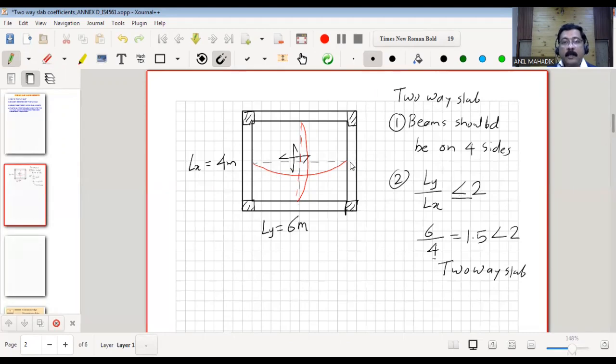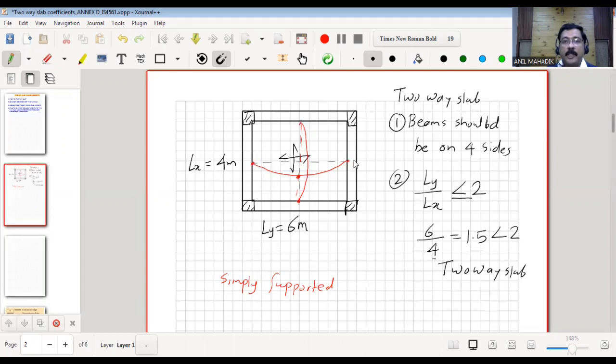Now for this bending, assume that all the beams are simply supported, this slab is simply supported. What is simply supported, what is fixed, we will see. As it is simply supported, all of you know that the bending moment at the end will be 0. And again, here it will be 0. And then there is a moment here.